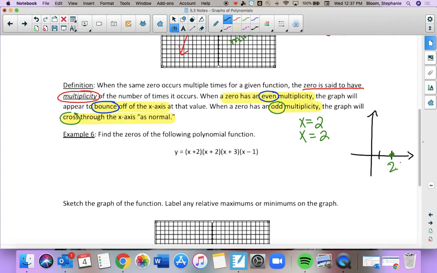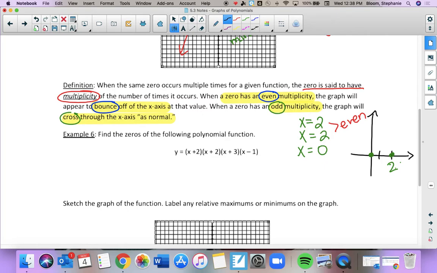So I'm crossing at 2, and let's say I also get out 0. Okay, so here's what happened. I got out 2 twice. Yes? Does everybody agree with that? So that's an even multiplicity. So what does it say in that definition? If it's even, what will it do?